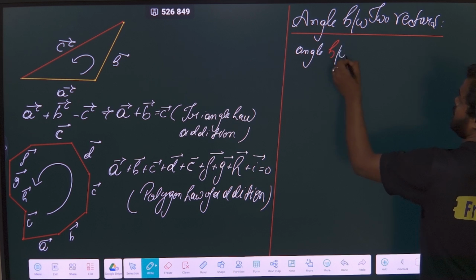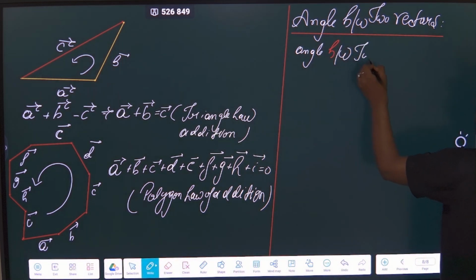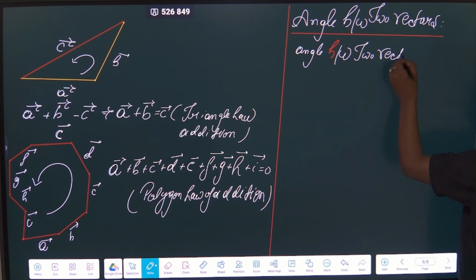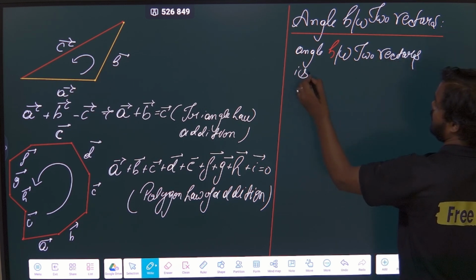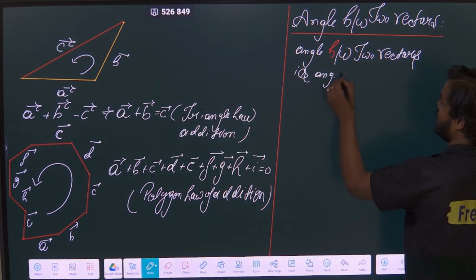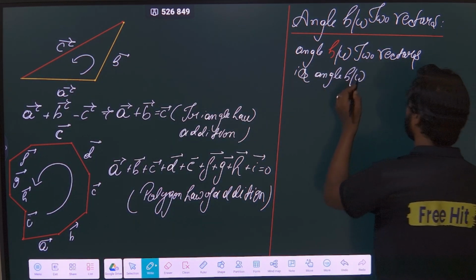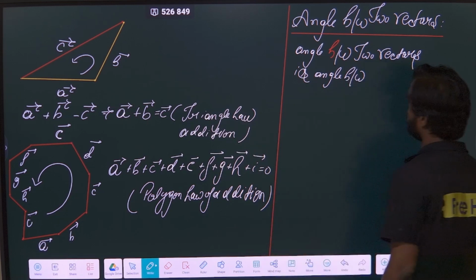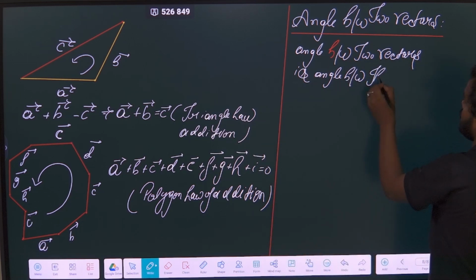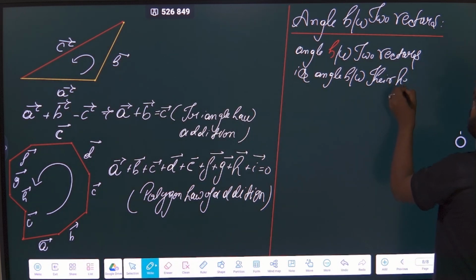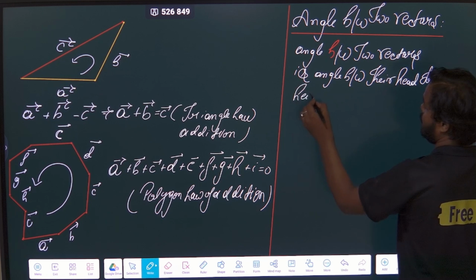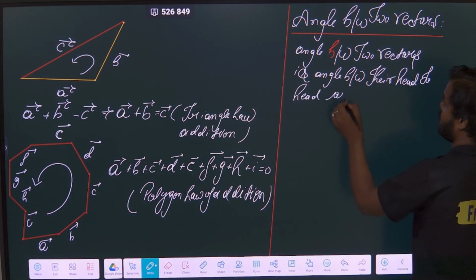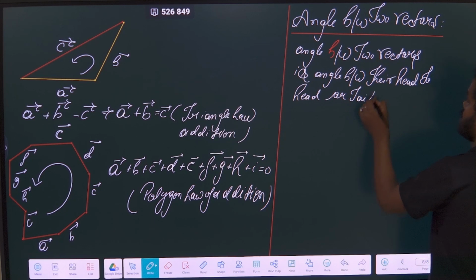Angle between two vectors is angle between head to tail.